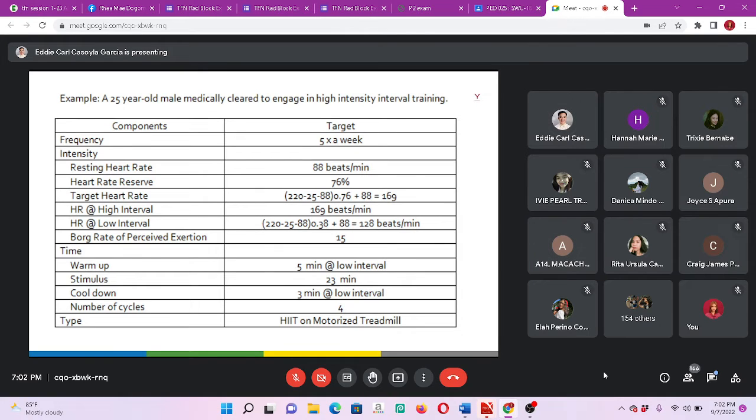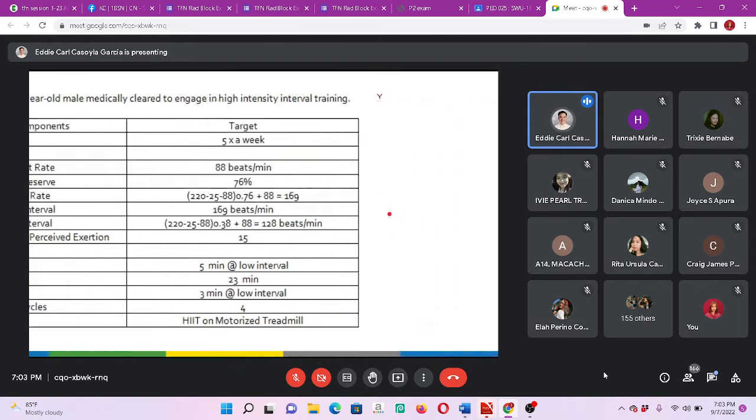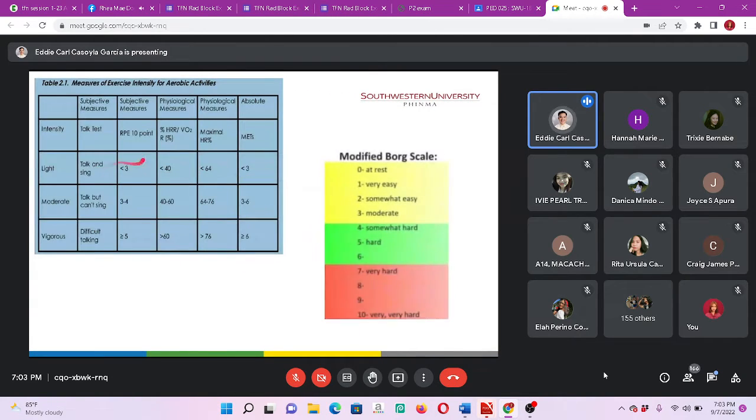Okay. Any clarification? Good evening, sir. Where did the 76% come from? Okay. For the 76%, it will depend on the level of intensity of your program. As you can see in our program example, it's high intensity. So you need to refer to table 2.1. Check for the intensity.